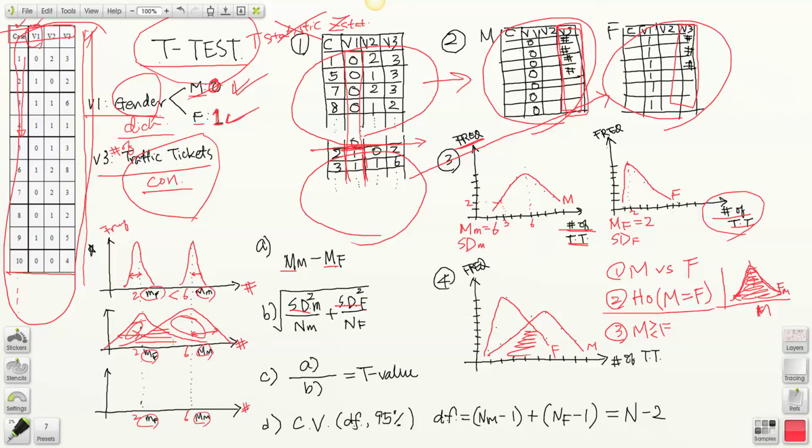Now, this is why this overlap and the problem with the visual confirmation of this overlap, that's why we need to run t-test and obtain t-value and then compare that with critical value that can be obtained from the t-value table with degree of freedom and certain level of confidence.